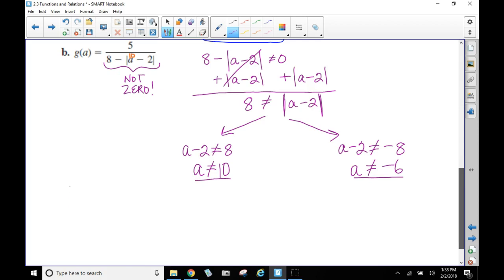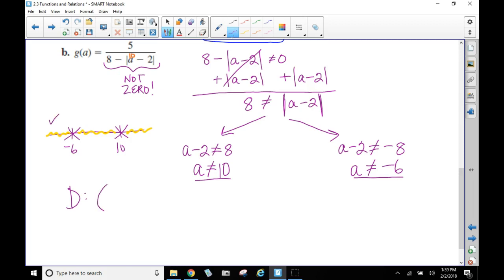Now, the way to write that domain is to write, well, the a values can be anything else but 10 and negative 6. If you think about drawing that on your number line, it can't be negative 6 and it can't be 10, but it can be anything else, that might help us decide how we're going to write our domain in interval notation.